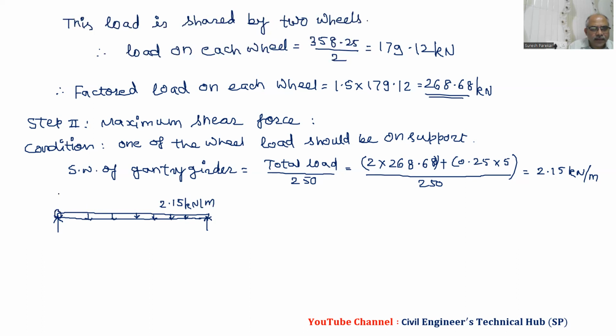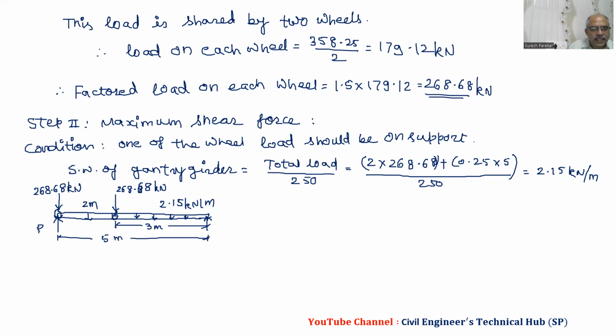One will be here, which has value 268.68 kilonewtons. And the second we have at 2 meters, again the same value, 268.68 kilonewtons. And the distance between these two is 2 meters. So this distance becomes 3 meters because the span of the gantry girder is 5 meters.